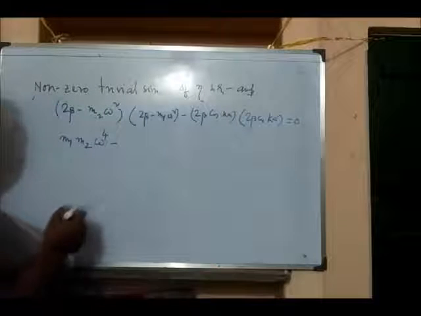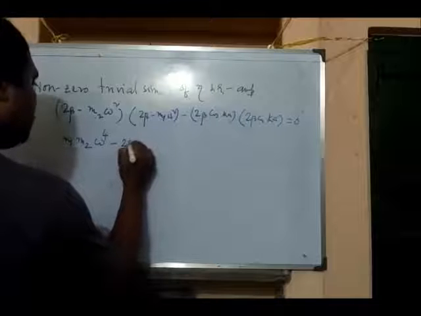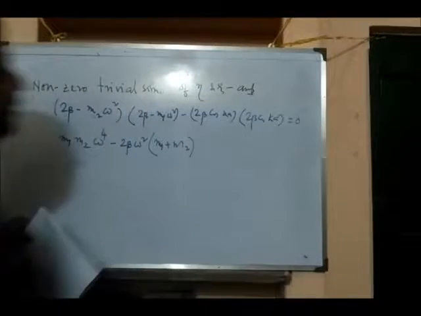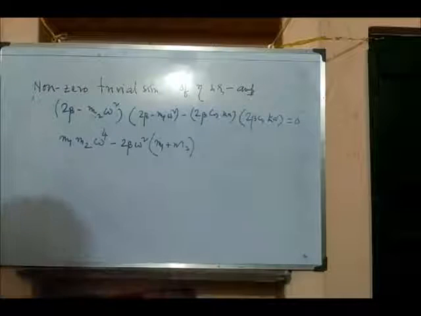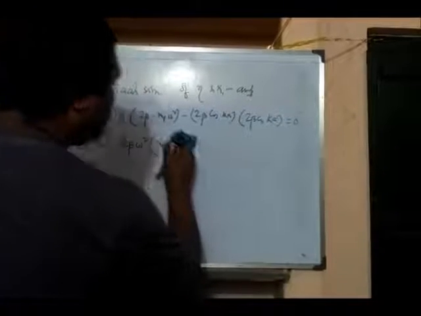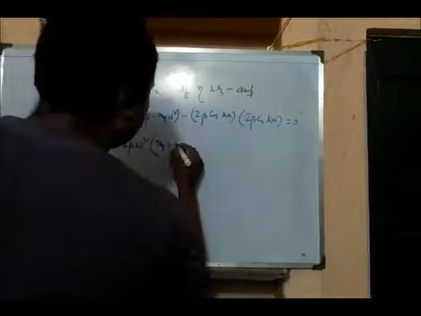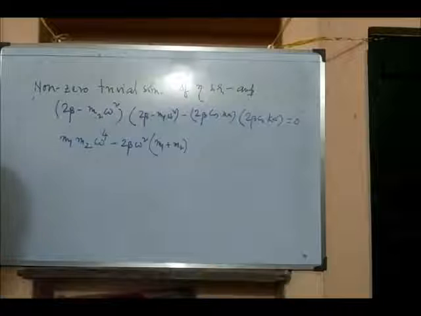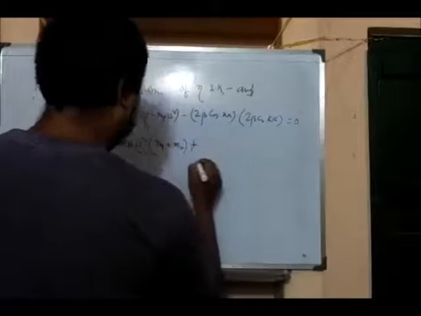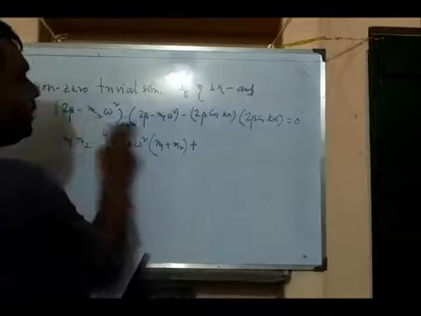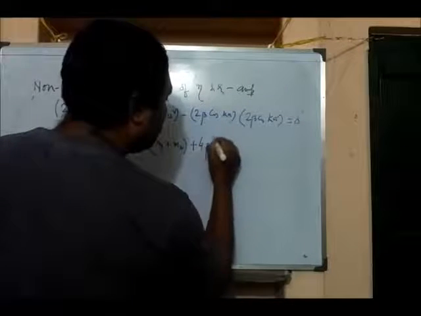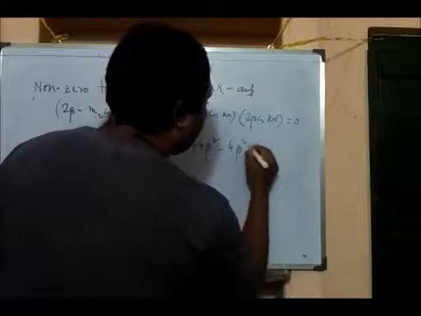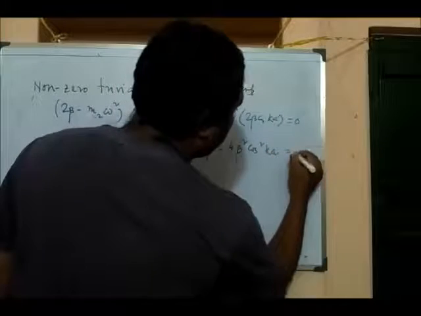Minus 2 beta omega square (m1 plus m2), plus, here this will be 2 beta into 2 beta, so 4 beta square, minus here 4 beta square cos square Ka equals 0.